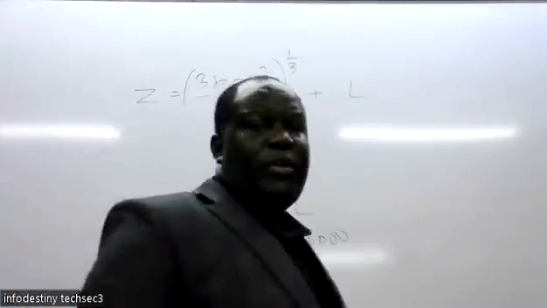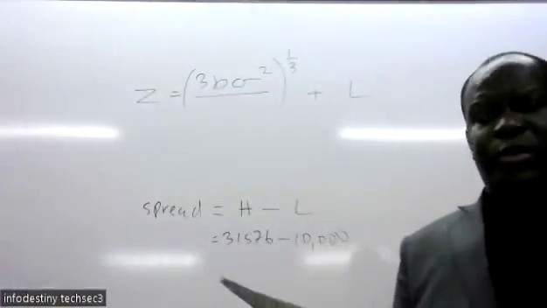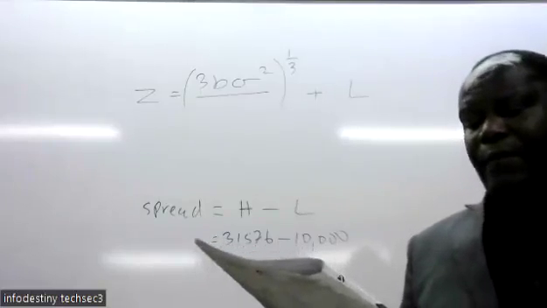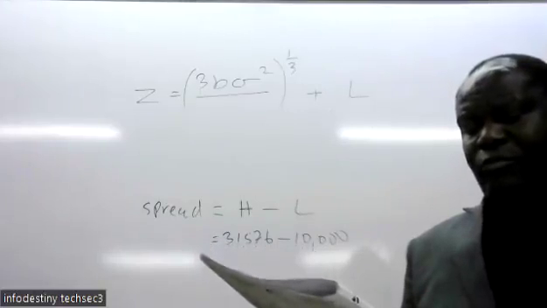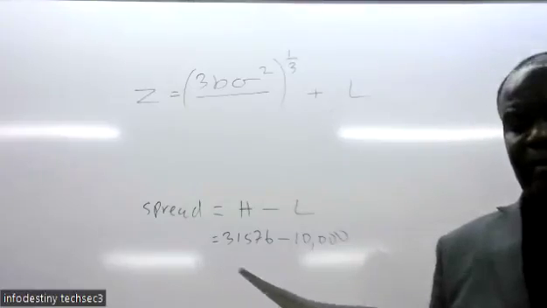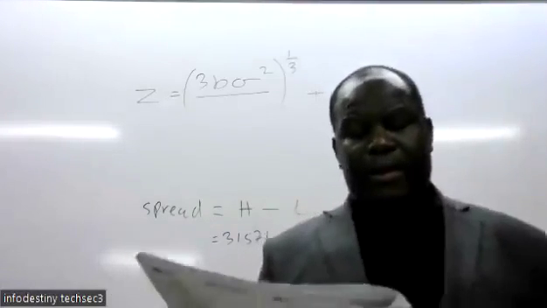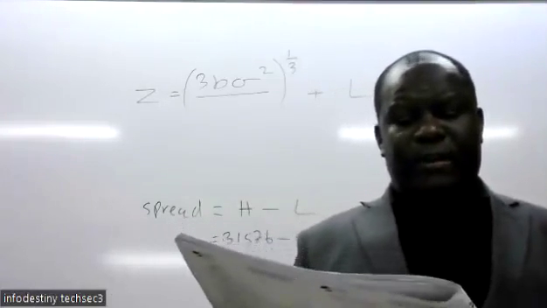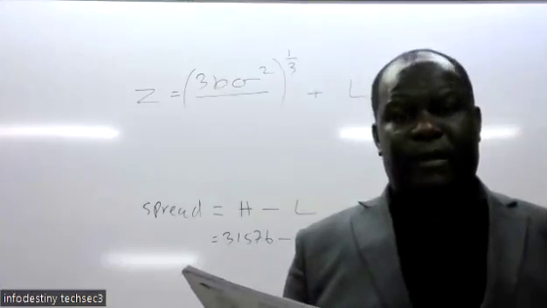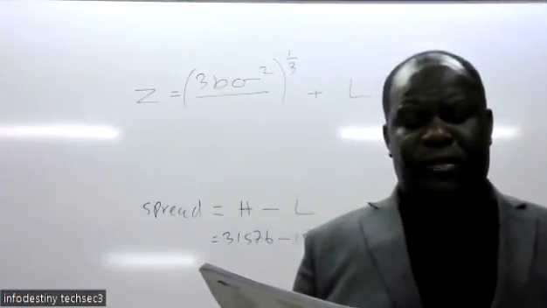So in question 3, part A for November 2020, they were giving us details that the following information relates to Power Traders. Number 1, minimum cash balance is given as 8,000. That's now our L. Number 2, the variance of the daily cash flows is 4 million, equivalent to the standard deviation of 2,000.